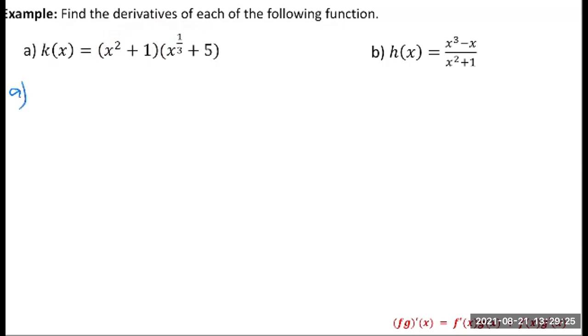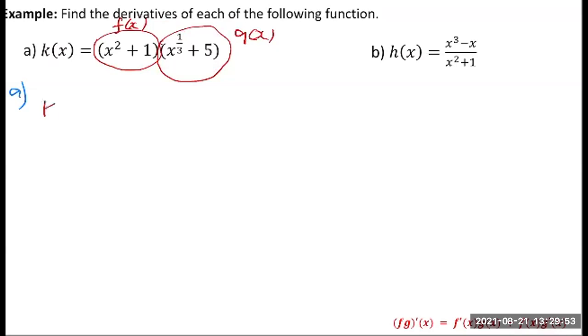If you have a product of functions, f times g, the derivative would be f prime of x g of x plus f of x g prime of x. All you need to do is identify this as a product of two functions. For that, I'm going to identify this first piece as my f of x, the second piece as my g of x.